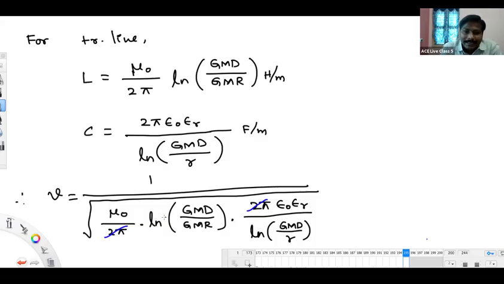Not only that, ln of GMD by GMR and ln of GMD by r are approximately the same, so I will cancel these terms also.